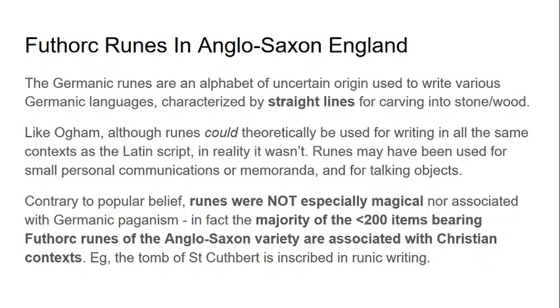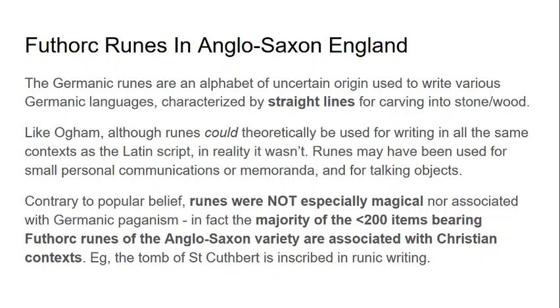So runes may have been used for small personal communications or memoranda, but with the exception of having alphabets written out in manuscripts, they were not incorporated into manuscripts. We have one manuscript from medieval Denmark called the Codex Runicus, which contains laws written in the runic script, but it seems not to have been the script of texts in manuscripts.